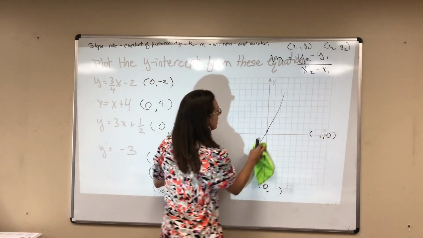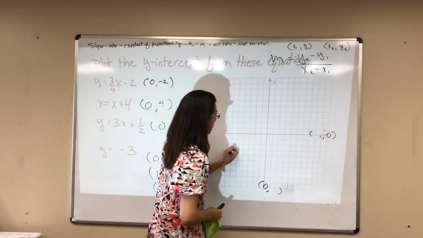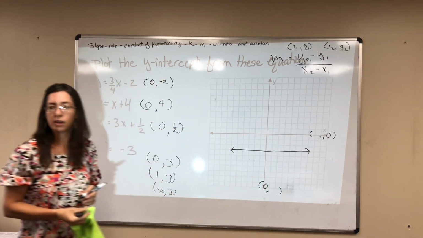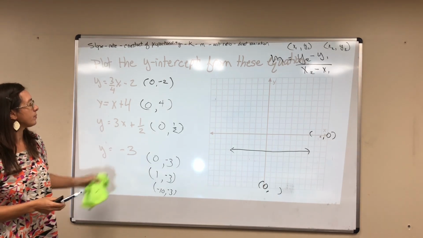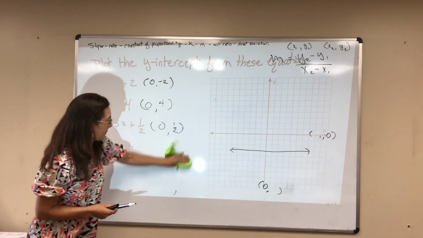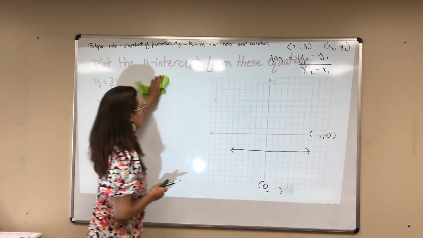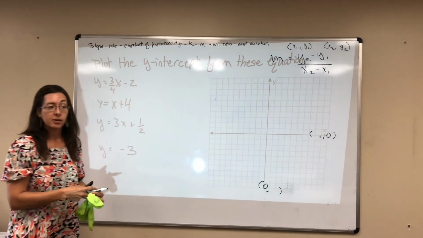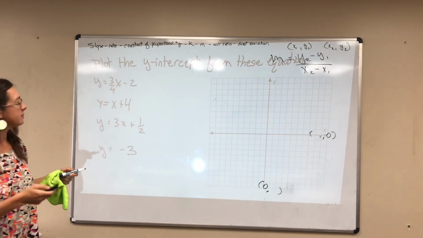So we are looking at a horizontal line: no matter what x value I pick, y is always going to be -3. Any questions on those? Are we starting to see what our numbers actually look like?